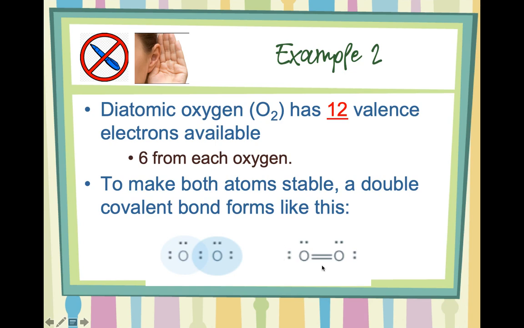So this oxygen has access to 8 valence electrons. This oxygen has access to 8 valence electrons. So now the p sublevel would be acting like it's full. That gives you 8 valence electrons, stable sublevels, stable molecule. That's how they make it happen, sharing 2 pairs of electrons.